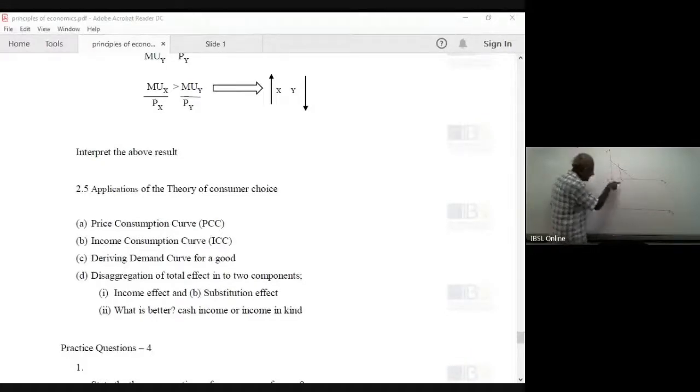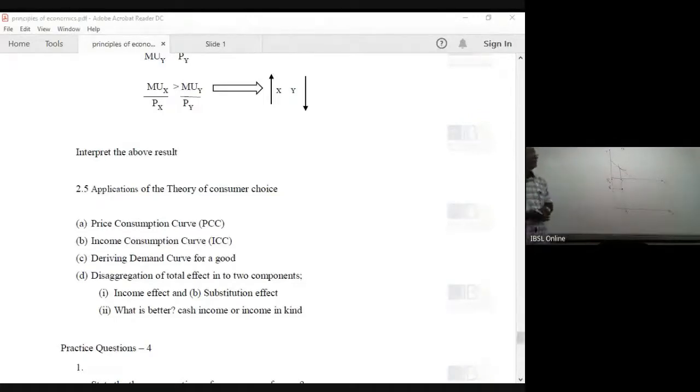You project that down to good X. At this point, we assume the price of X is PX1. This is the price of X, PX1. Take down that. So this is one of the points.